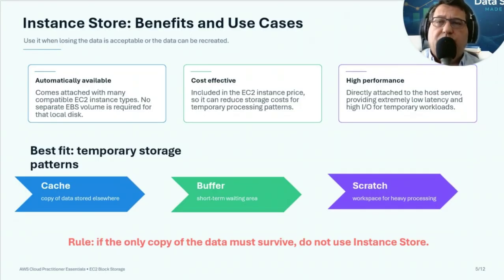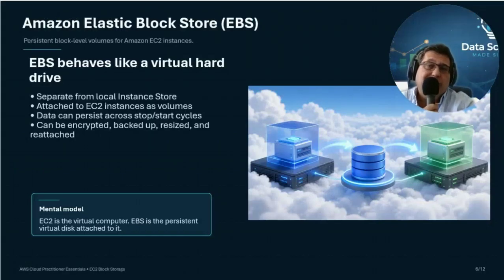Now we are going to see and analyze Amazon Elastic Block Store. Many applications cannot tolerate losing their data when an EC2 instance stops. A database, for example, must preserve customer records, payments, inventory information, and business transactions.